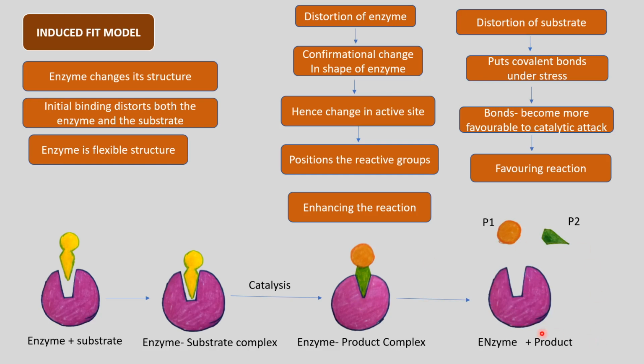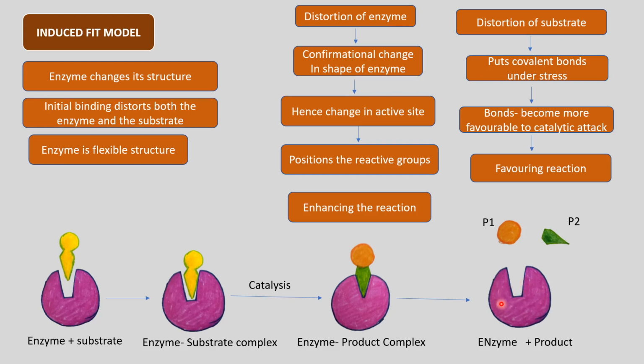Now afterwards the enzyme will release the products. So these are the products P1 and P2, and this active site will come back to its usual adjustment, and it will come back to its normal shape, and therefore then it can proceed to another reaction.